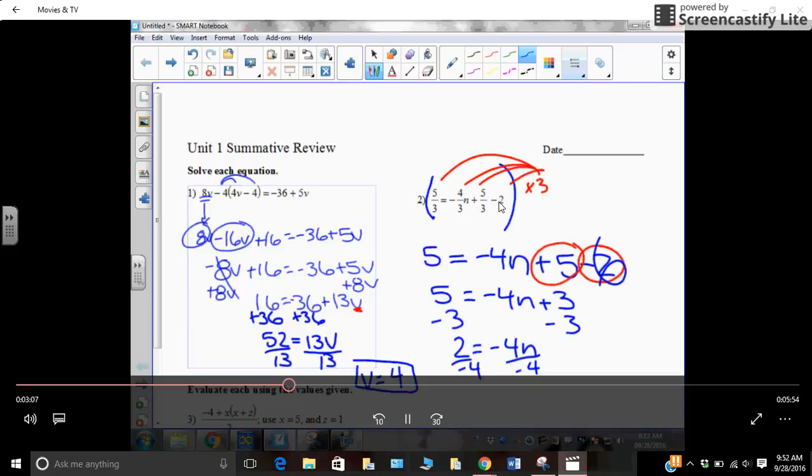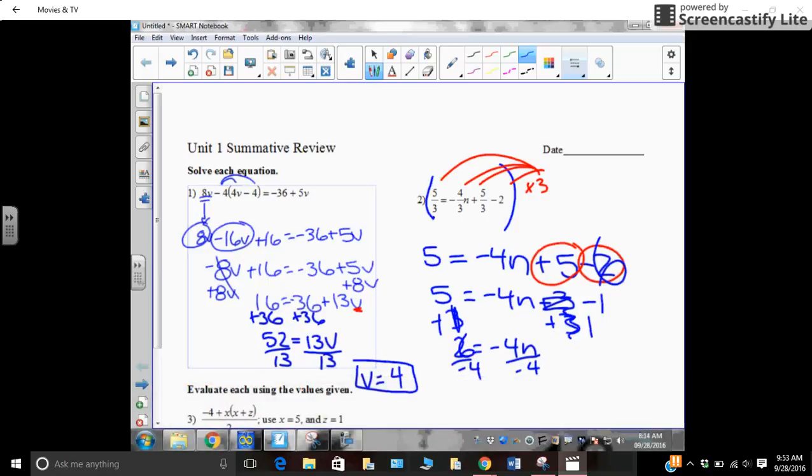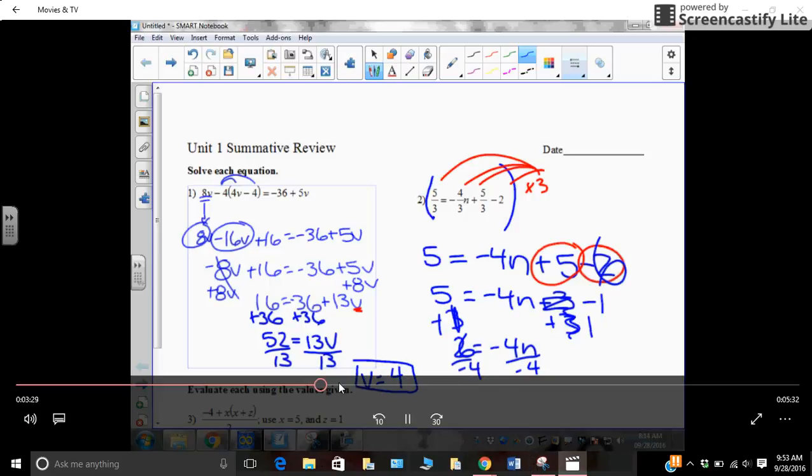So that should be a 6, which would change this to -1, which means instead you should have added 1. And you end up with 6 over -4, which reduces to n equals -3 over 2.